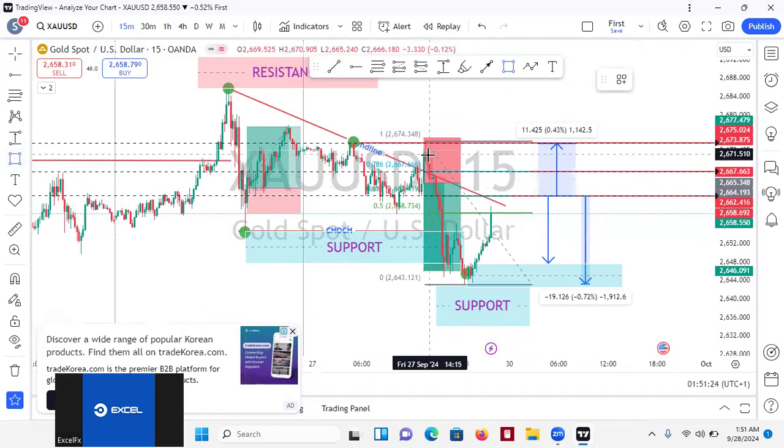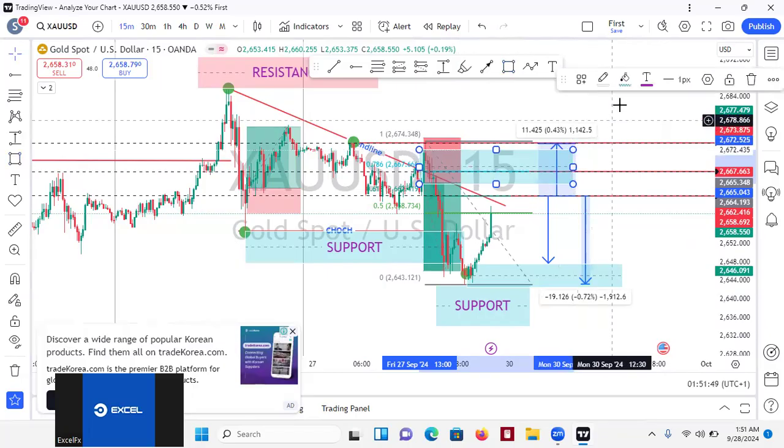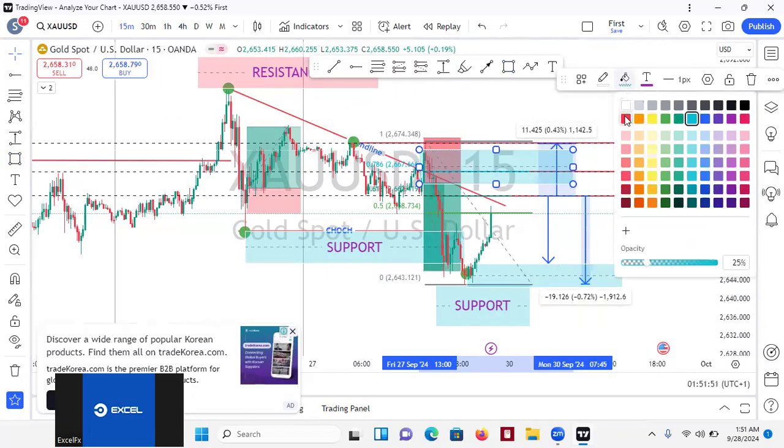And this is going to be your supply zone. At any point, the very last bullish candlestick before the bearish move to the downside tends to be your supply zone.